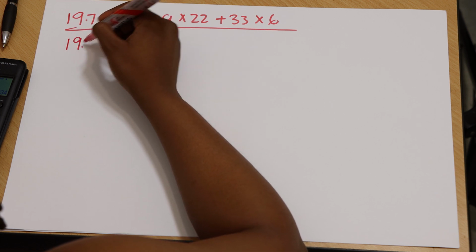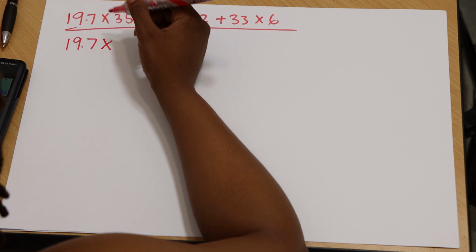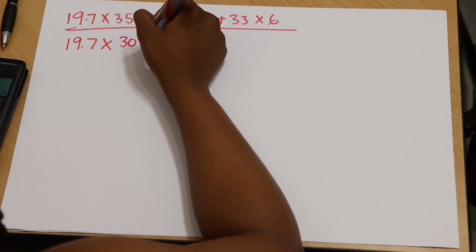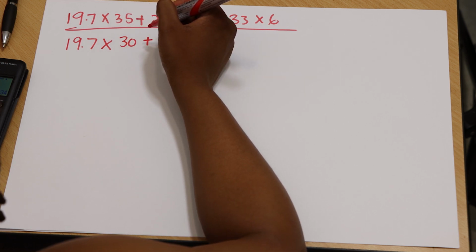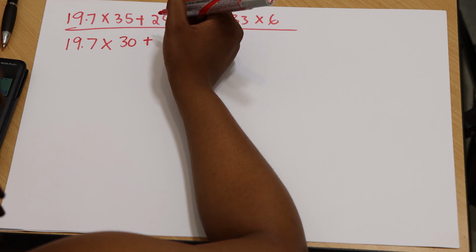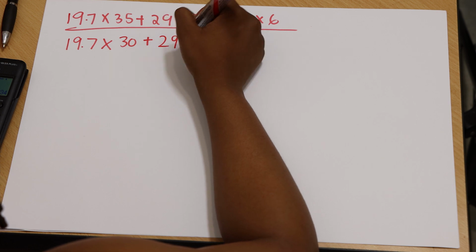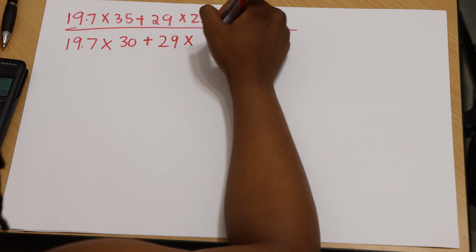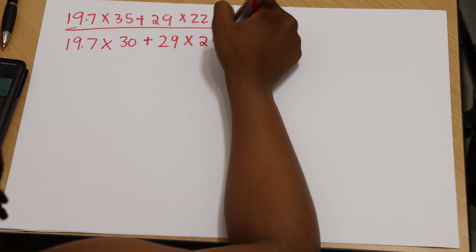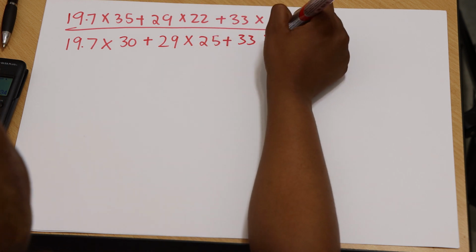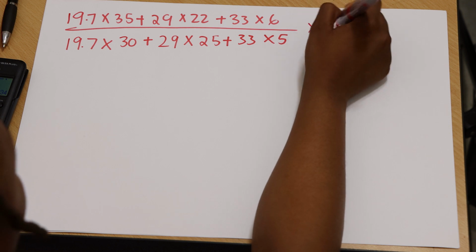So it's 19.7 multiplied by 30 plus 29 times 25 plus 33 times 5, multiplied by 100.